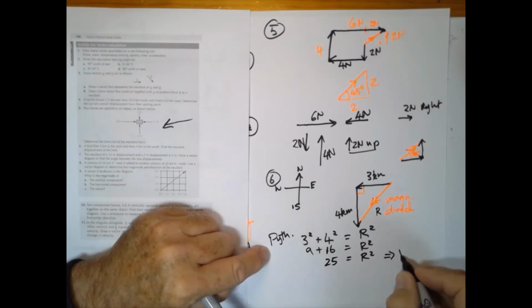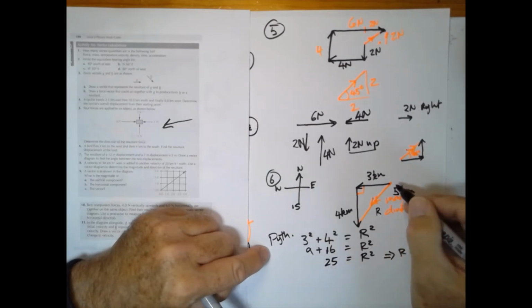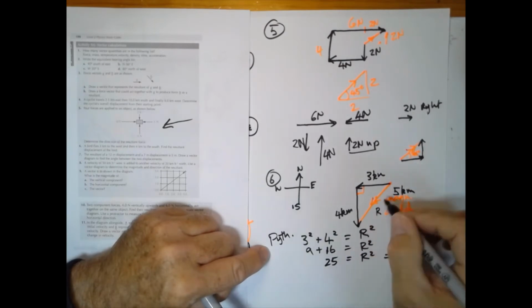R must equal 5. So the length of this side is 5 kilometers. We can say the bird is now displaced 5 kilometers from where it started.